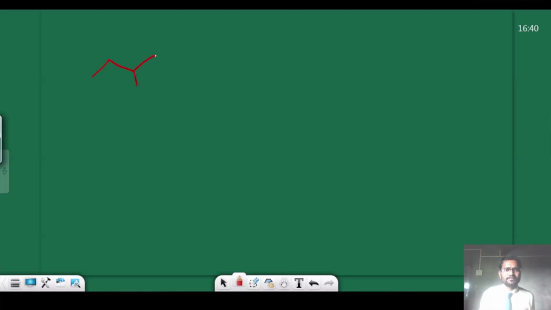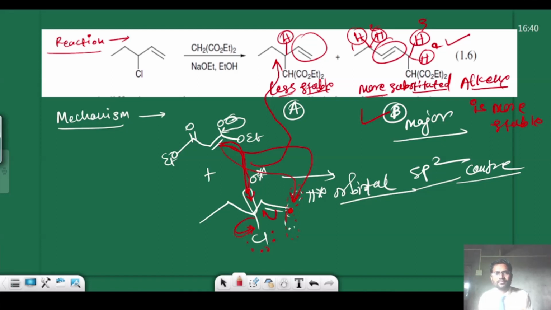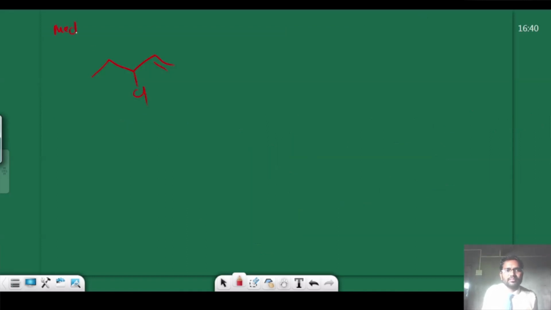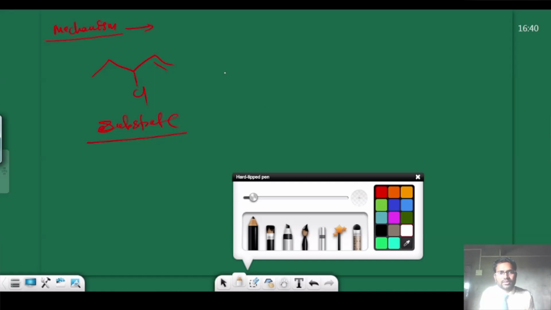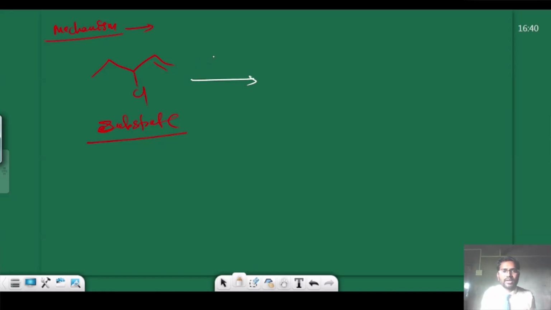So this is our substrate. When we treat it with an active methylene compound, O minus OEt, C double bond O, OEt, the first possibility is that it can attack the sigma star orbital of this particular carbon-chlorine bond.